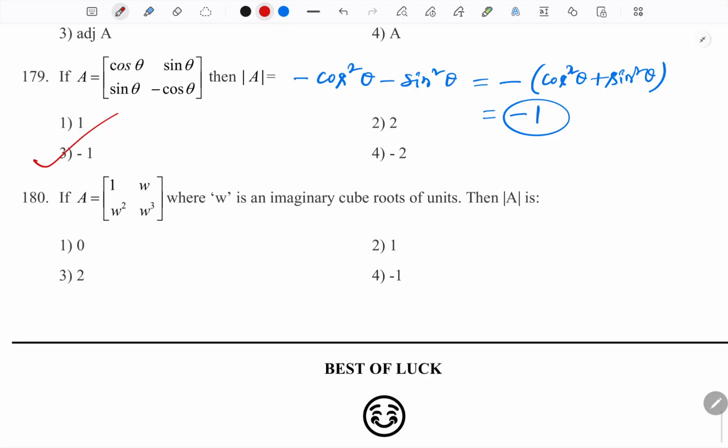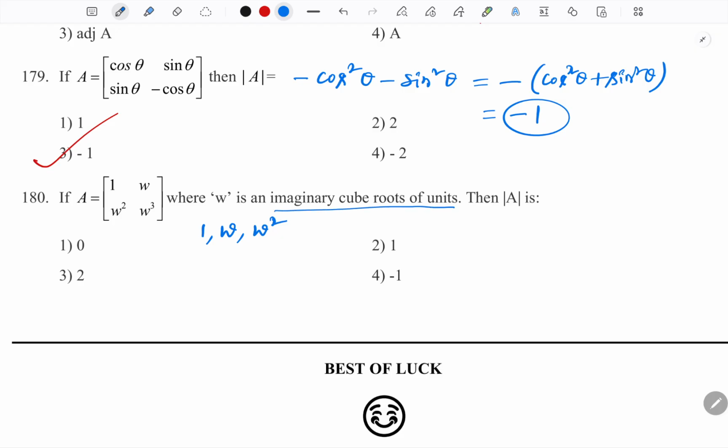Next, final question, students. Let the given complex roots be the imaginary cube roots of unity. So what are the cube roots of unity here? First I will write what the cube roots are: 1, omega, omega square are the imaginary cube roots of unity.